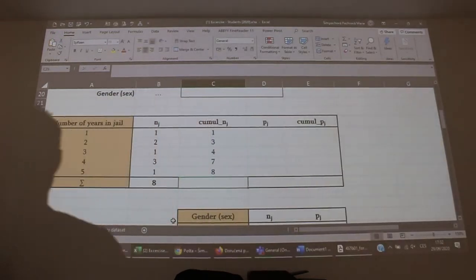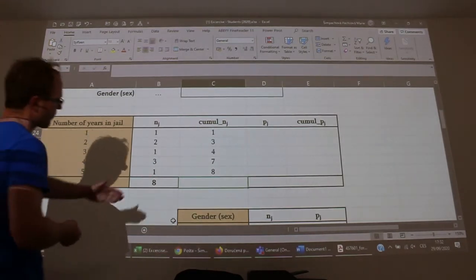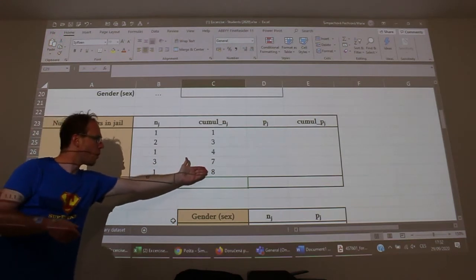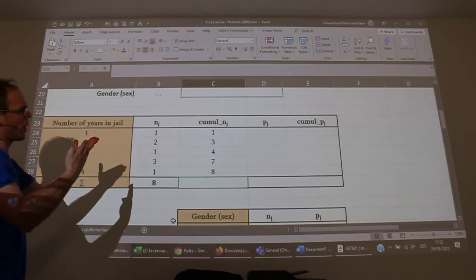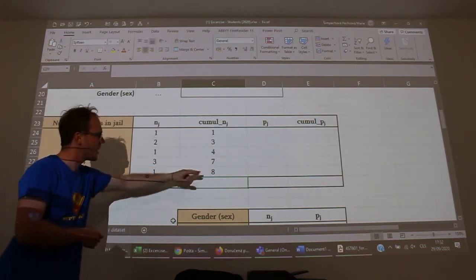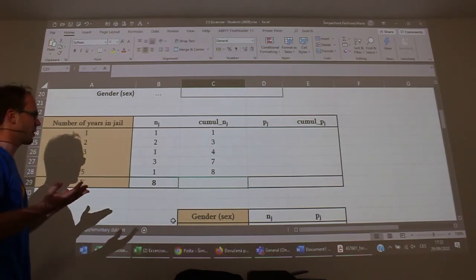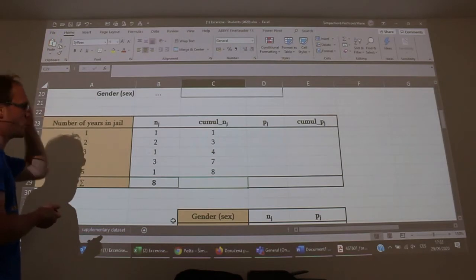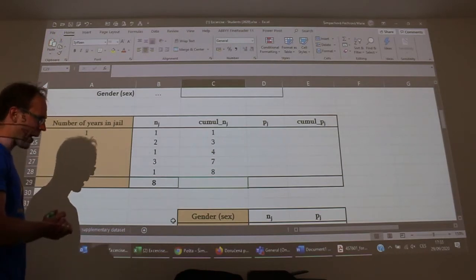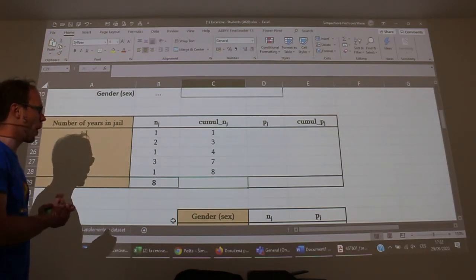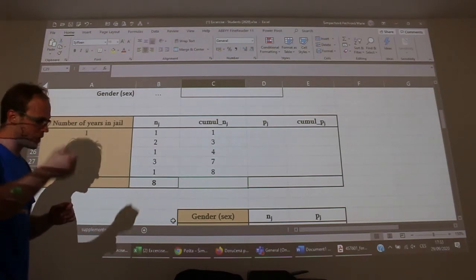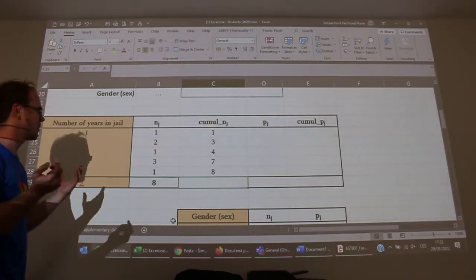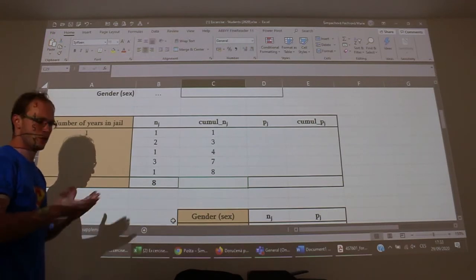You should remember that on the last row in the column of cumulative absolute frequencies, you must find the sample size, 8. So this is cumulation. Why we are using cumulation, you will see on the next seminar, for example, and of course in the future.